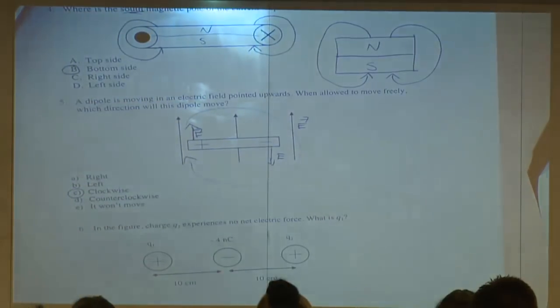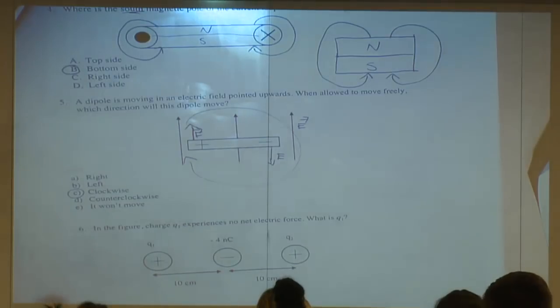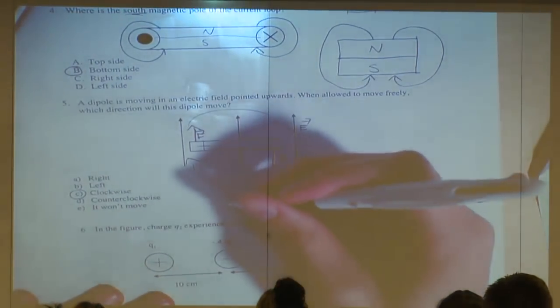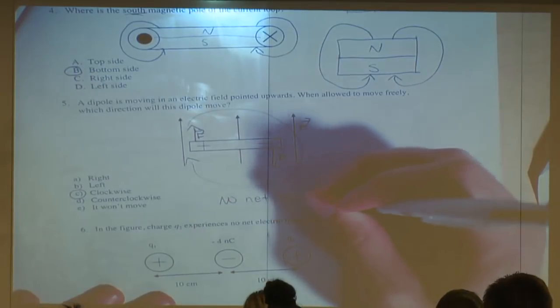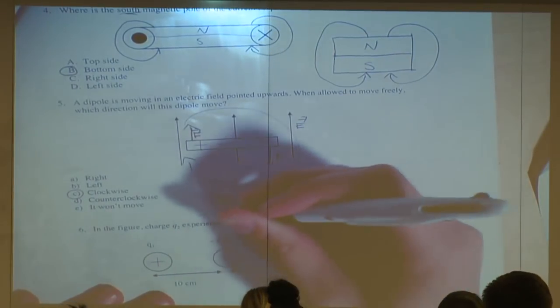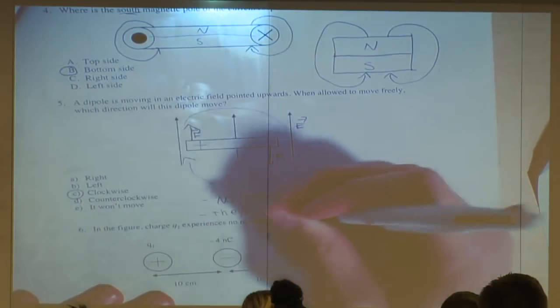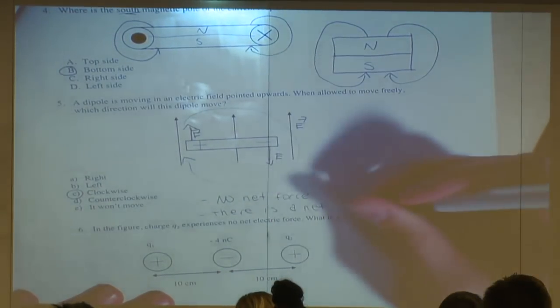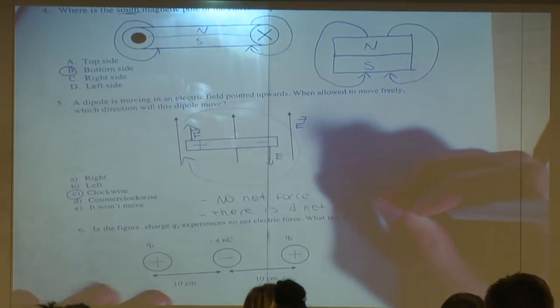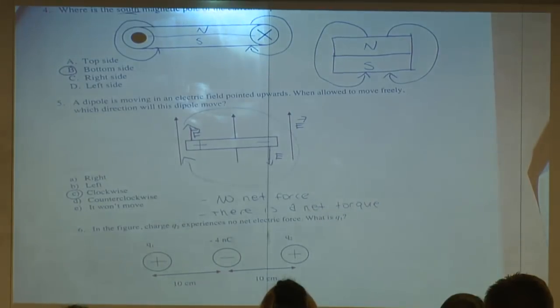And just remember, the wording that I know Dr. Kong used in her lecture PowerPoints was that there's no net force, but there is a net torque. So if you ever get asked a question like that, just remember no net force, but there is a net torque. And torque is that rotational kind of motion there.